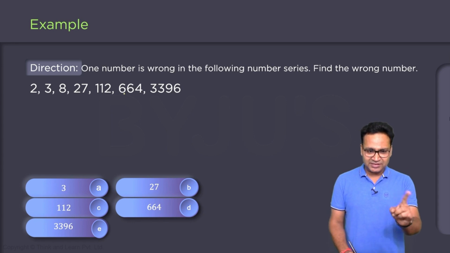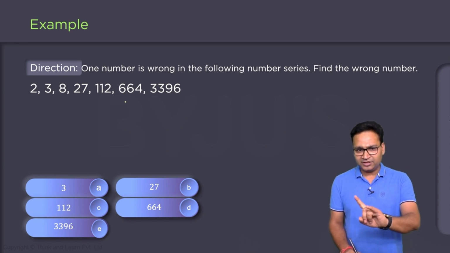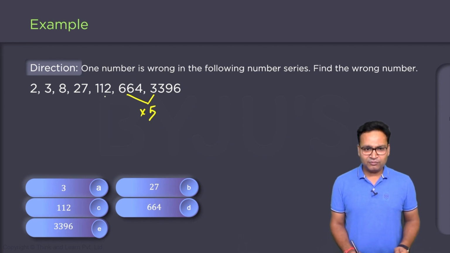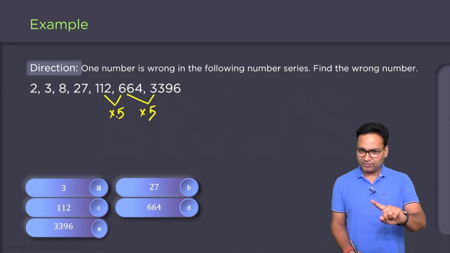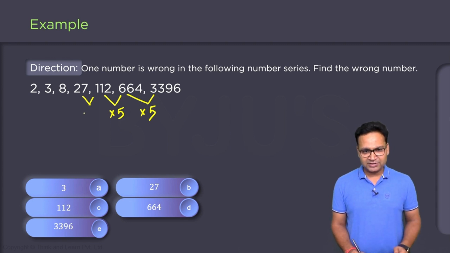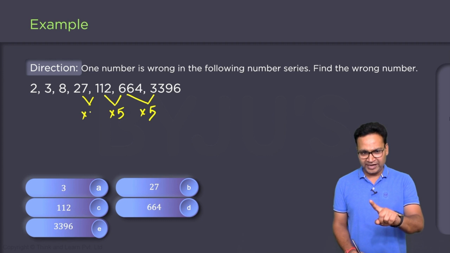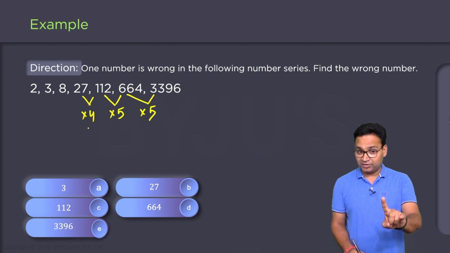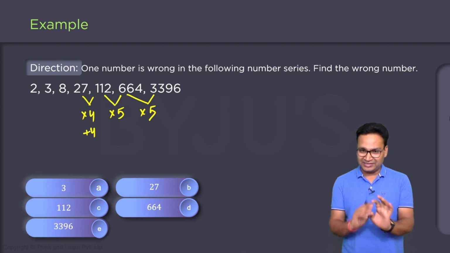If I say this is nearby 600, 3300, it is close to 5 times. This is again close to 5 times. 11 5s are 55. This is close to 4 times. In fact, 27 4s are 108 plus 4. That's what I can see.